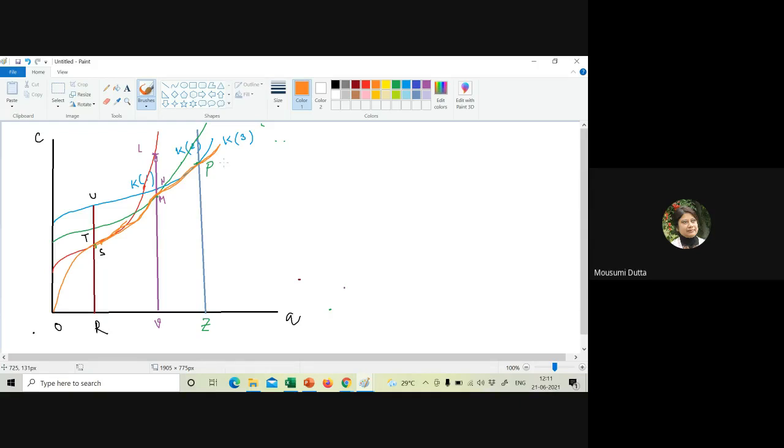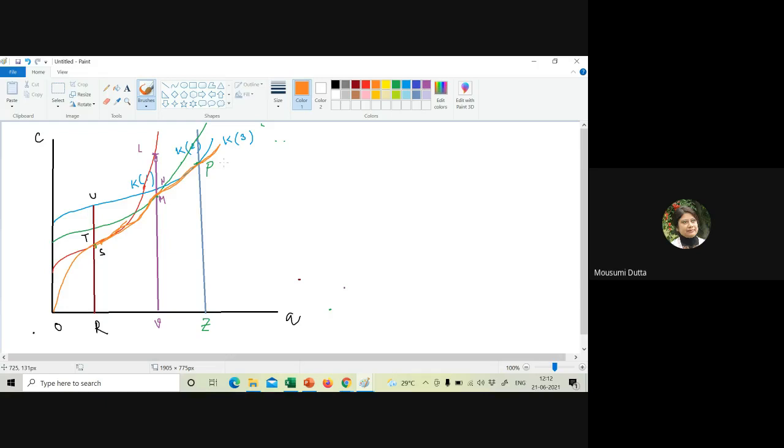Every short run total cost curve has a point of tangency with the long run total cost curve. And for that matter, the long run total cost curve is basically enveloping a number of short run total cost curves.